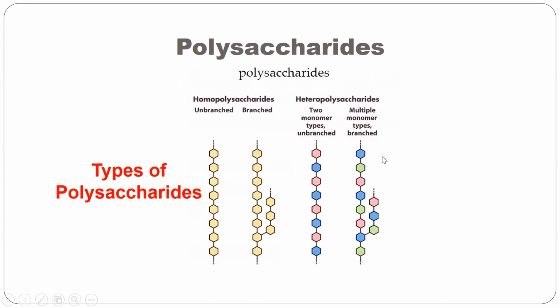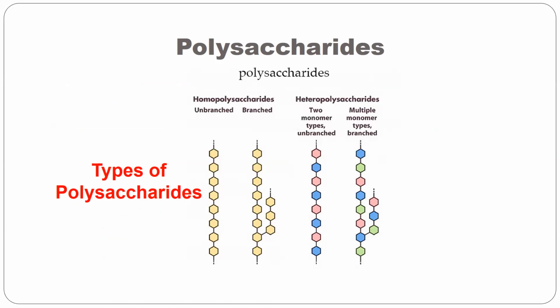So there are 2 types of polysaccharides. The first one is the homopolysaccharide. When we say homo, it contains only one kind of monosaccharide, or recurring repeating unit.